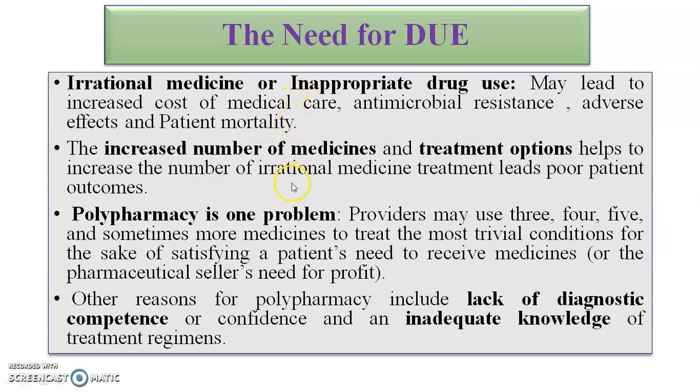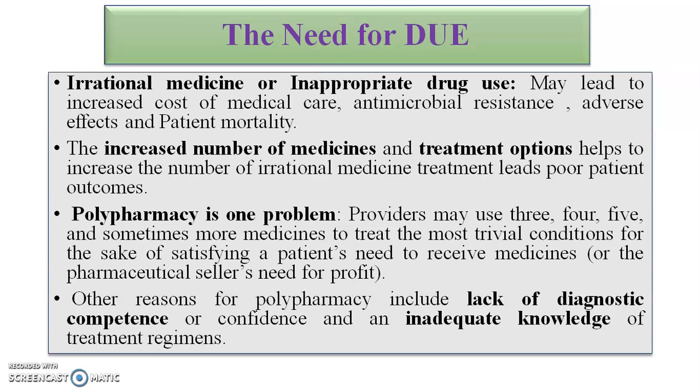And the third point is polypharmacy is one of the big problems, because providers may use 3, 4, 5, sometimes more medicines to treat a particular condition for the sake of satisfying the patient's need to receive medicine. For example, sometimes it is even related to pharmaceutical sellers.